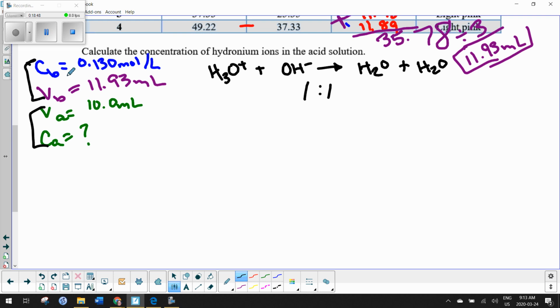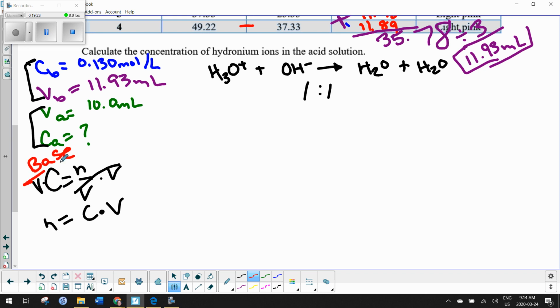Using the formula from above, C equals N over V. If I have a C and I have a V, that means I can solve for an N. So I need to rearrange this formula, and you're left with N equals C times V.